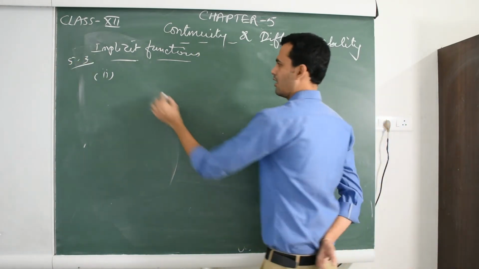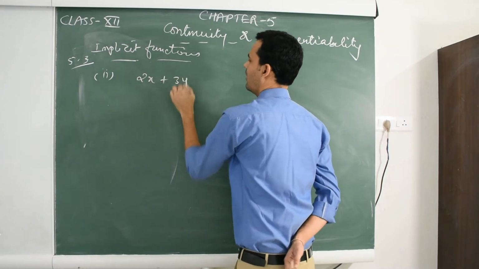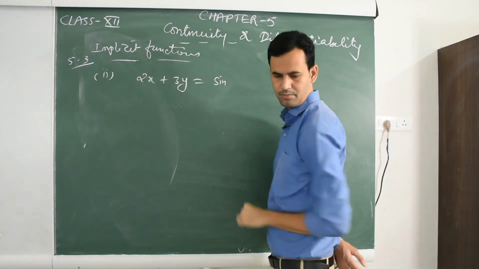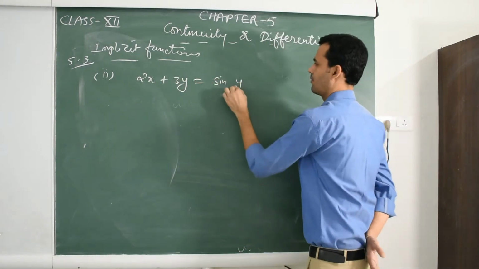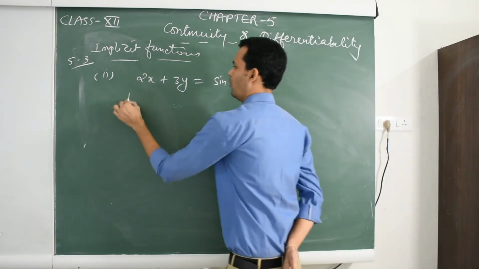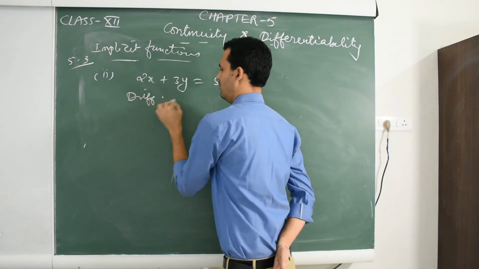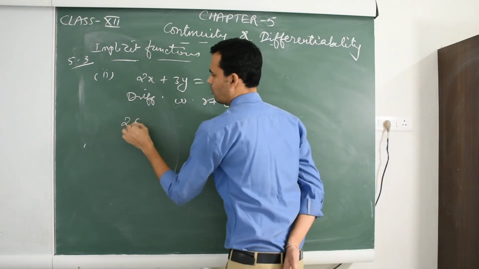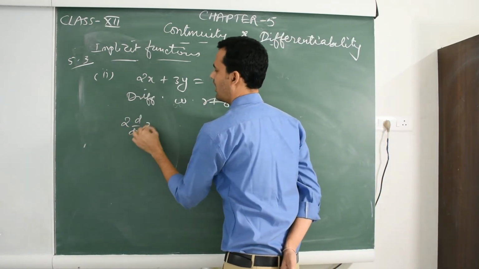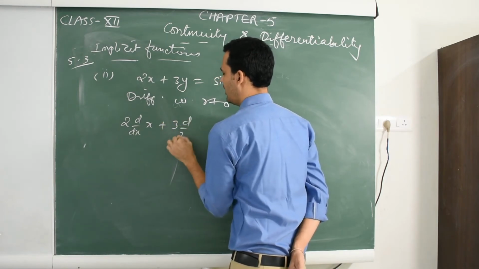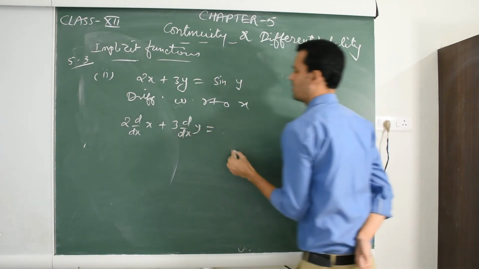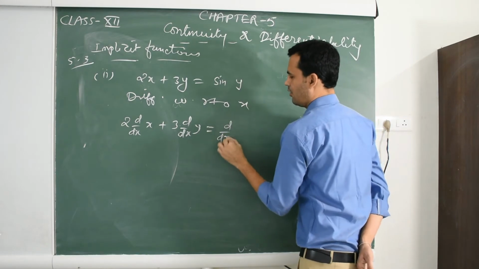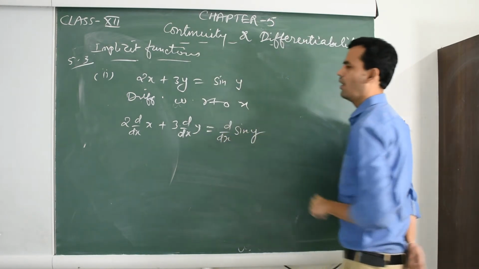The question is 2x + 3y = sin y. Differentiate with respect to x. So 2 d/dx of x plus 3 d/dx of y equals d/dx of sin y.